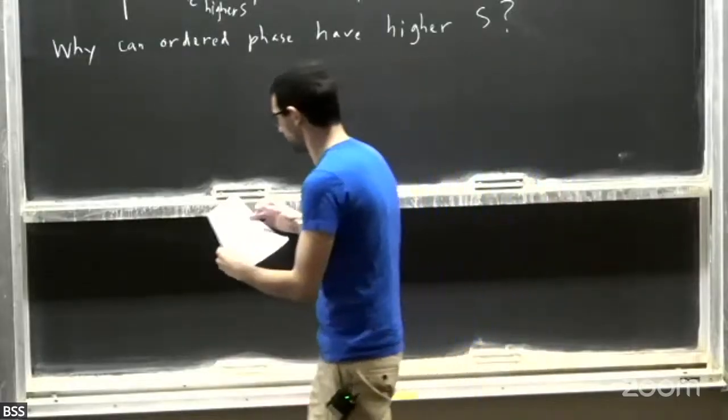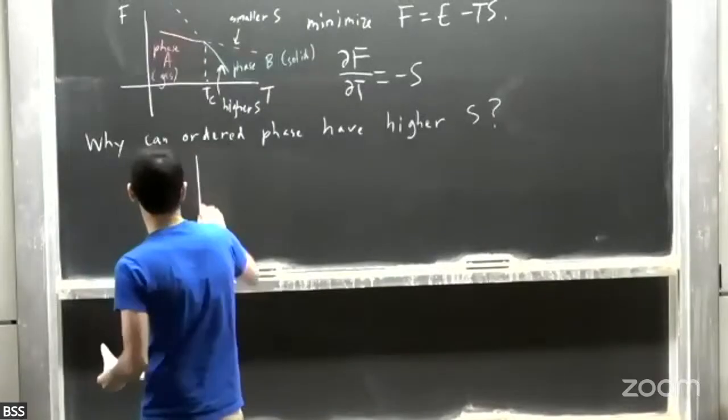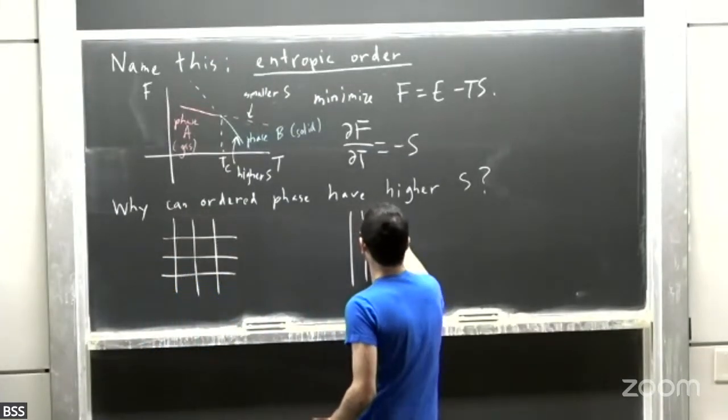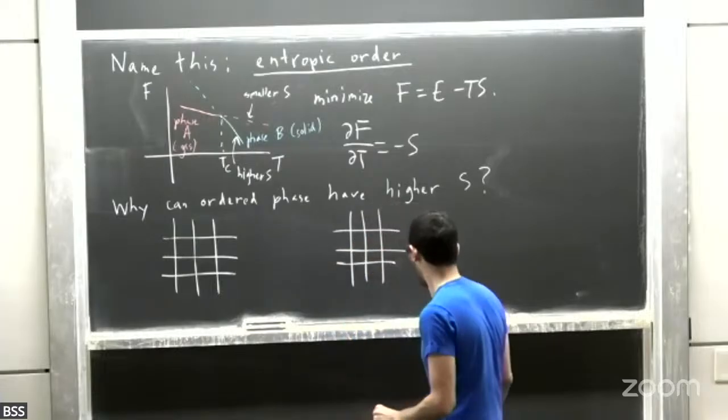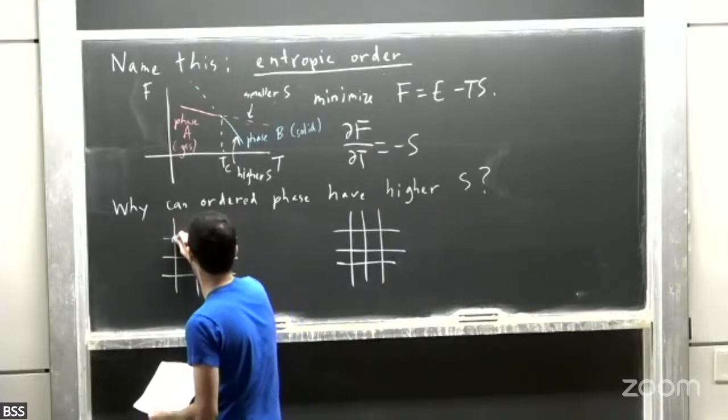All right, so let's give some crude estimates for the entropy in each kind of phase. So I have over here the solid phase.